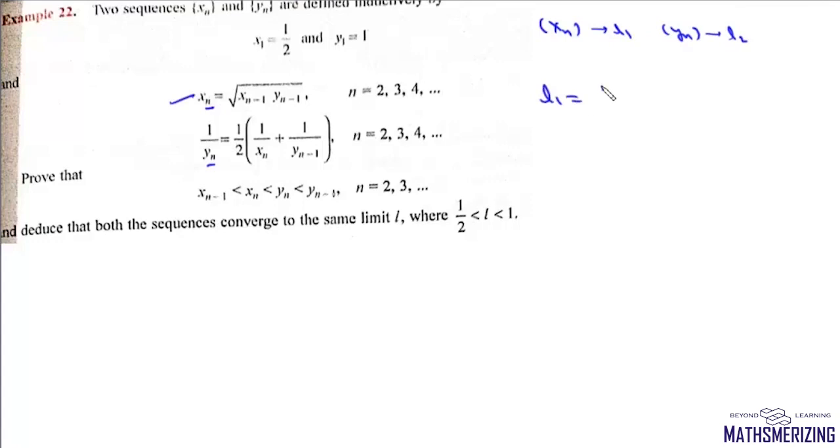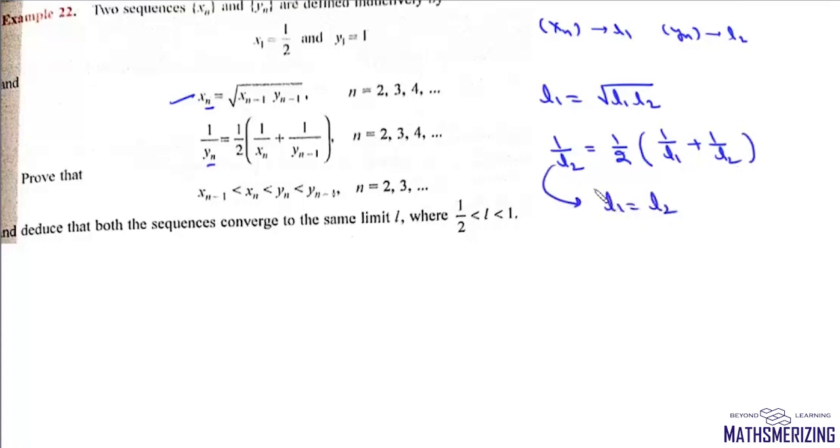L1 equals under root L1 into L2, and from here we can write 1 upon L2 equals 1 by 2 into 1 upon L1 plus 1 upon L2. Now from here we can write L1 equals L2.